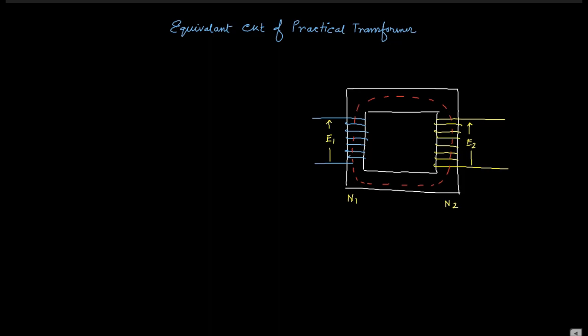Okay, so if this is EG, the generated voltage, due to that some current IP is flowing through the transformer primary side.